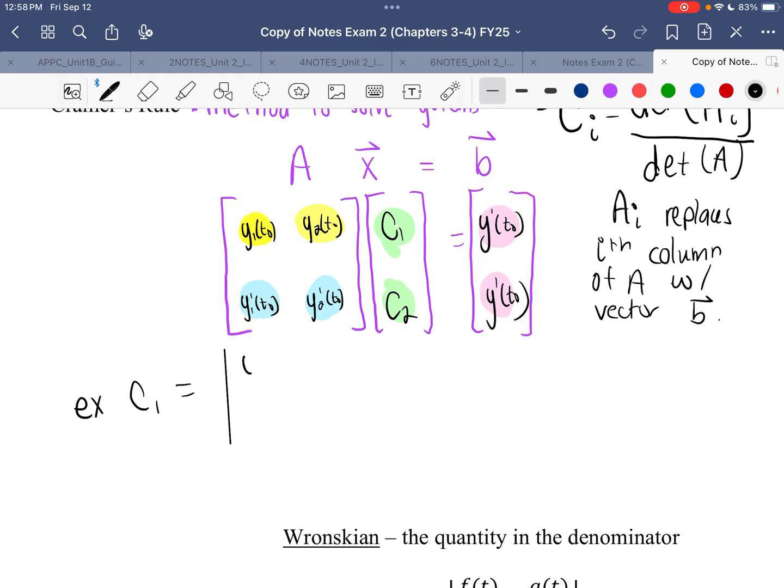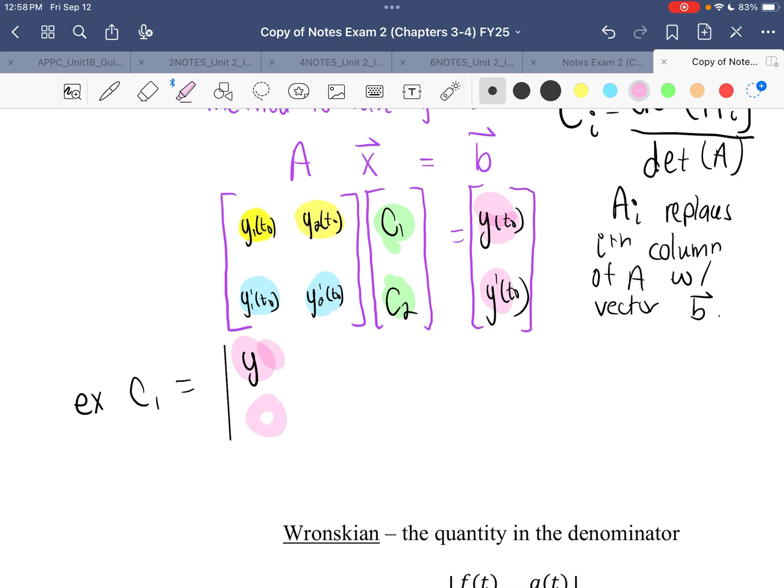We're going to have Y. Sorry, this should not have a prime; it looks like it has a prime. We're going to have Y at t naught and Y prime at t naught.